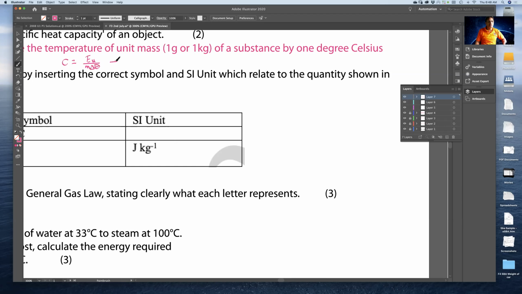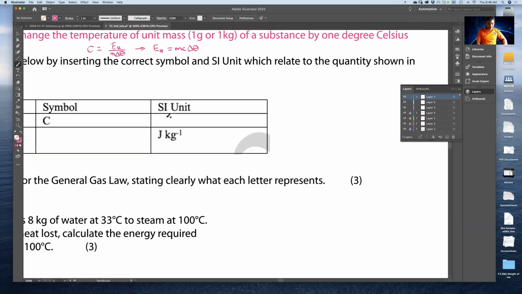Again, this is familiar to us. We should remember the equation EH is equal to MC delta theta.